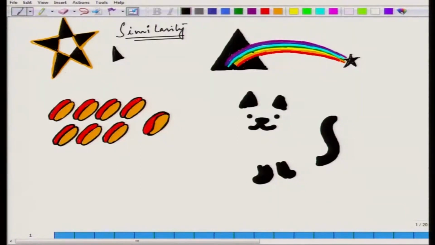Because of this visual arrangement, we do not read it as 5 triangles, but we call it a star. So, that way by similarity the shapes come together and they are read as a whole. We do not see them in parts, but see them as a whole.